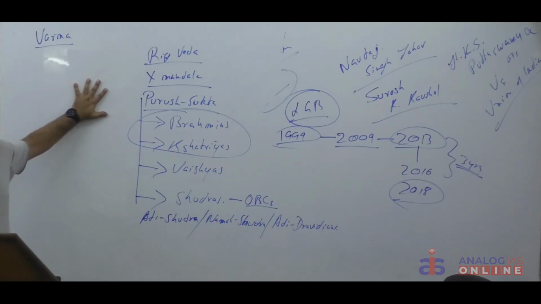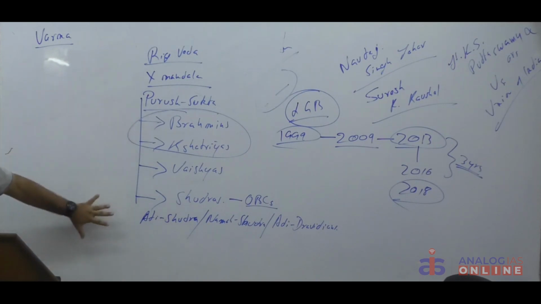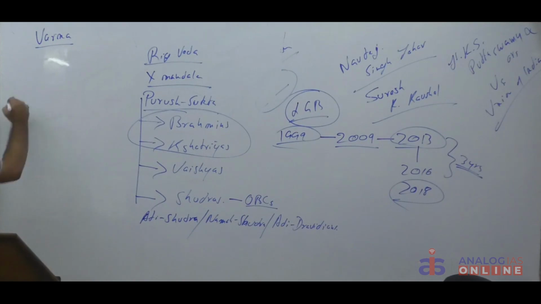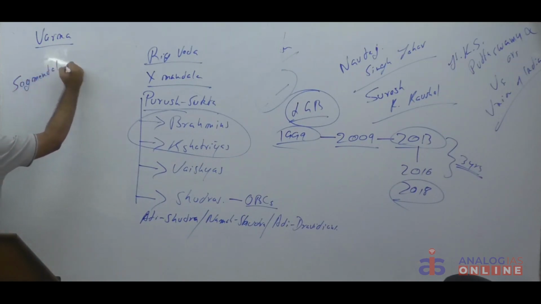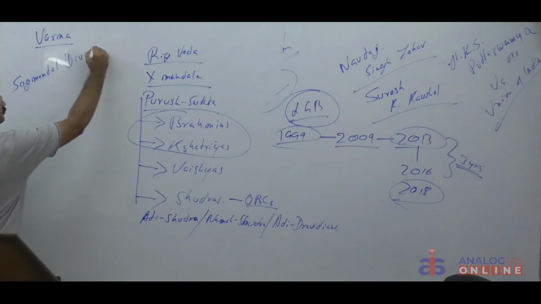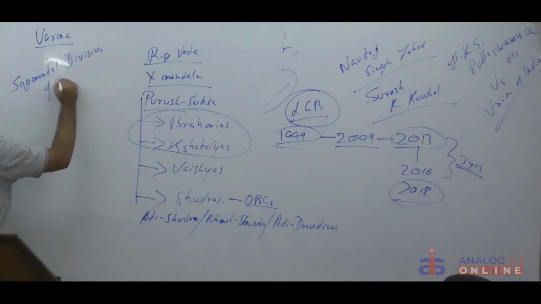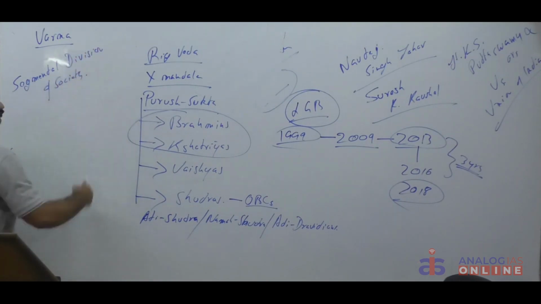Okay? So, if I have to talk about the features here, the first feature I'm looking at is the segmental division of the society. The society divided into various segments, right?